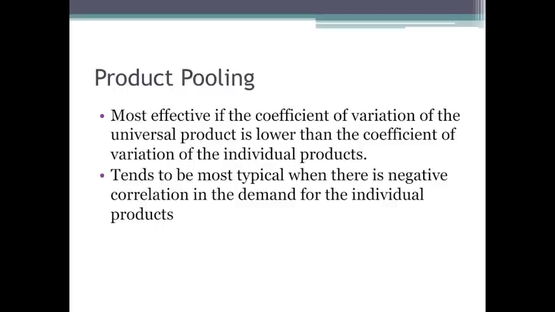One of the best examples of product pooling that you will find in recent business is from the late 1990s, around 1998 or so. Apple had over a dozen products, almost close to 20. And at this point, Steve Jobs came back. Apple was in trouble. They'd very much lost their way.